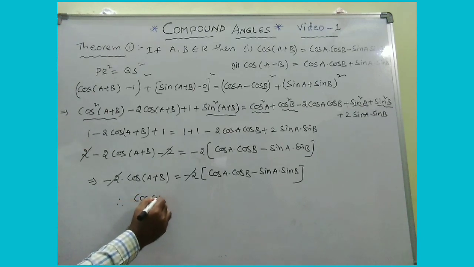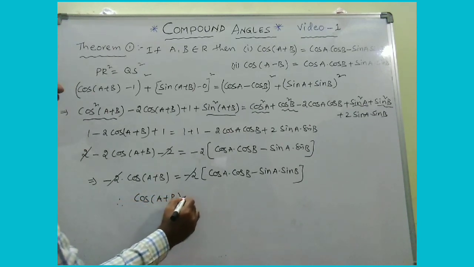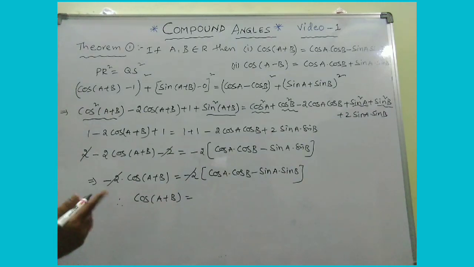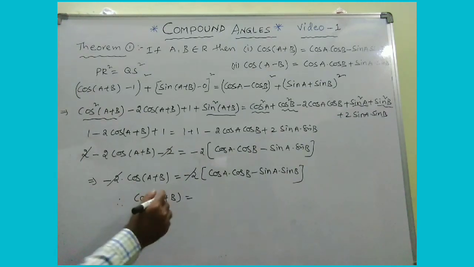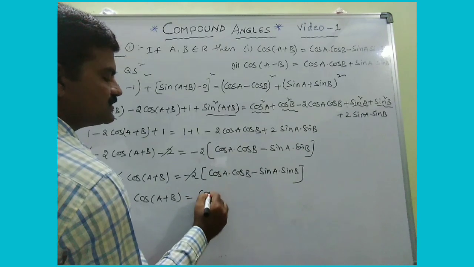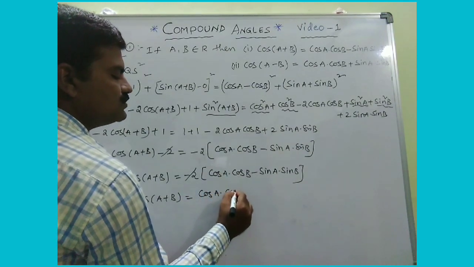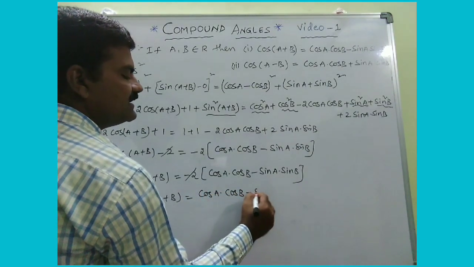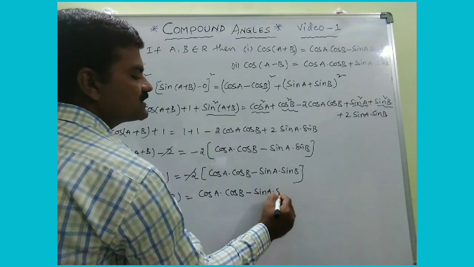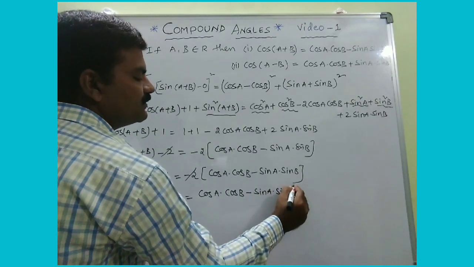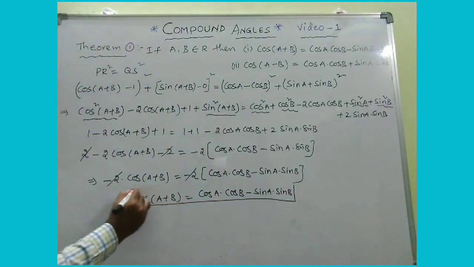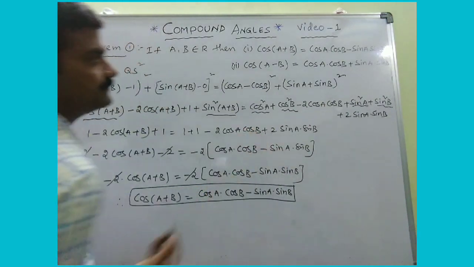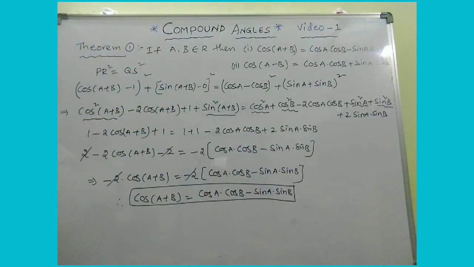Therefore, we got the formula for cos of a plus b. So tell me, what is cos of a plus b? Cos of a plus b is equal to cos a into cos b minus sin a into sin b. Okay? So that is the formula for cos of a plus b. See how simple.